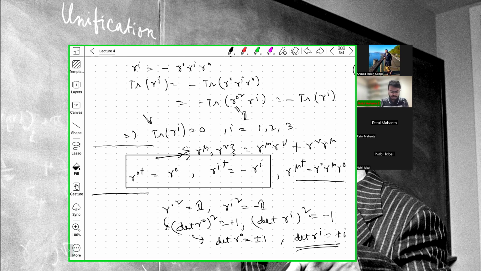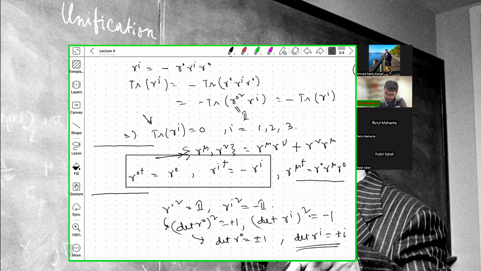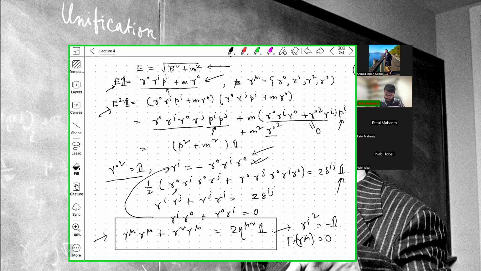So in 4 spacetime dimensions, we need 4 anti-commuting gamma matrices, right? They anti-commute. You can see from relations like these. Whenever mu is not equal to nu, this relation should equal 0, and they are anti-commuting rather than commuting.